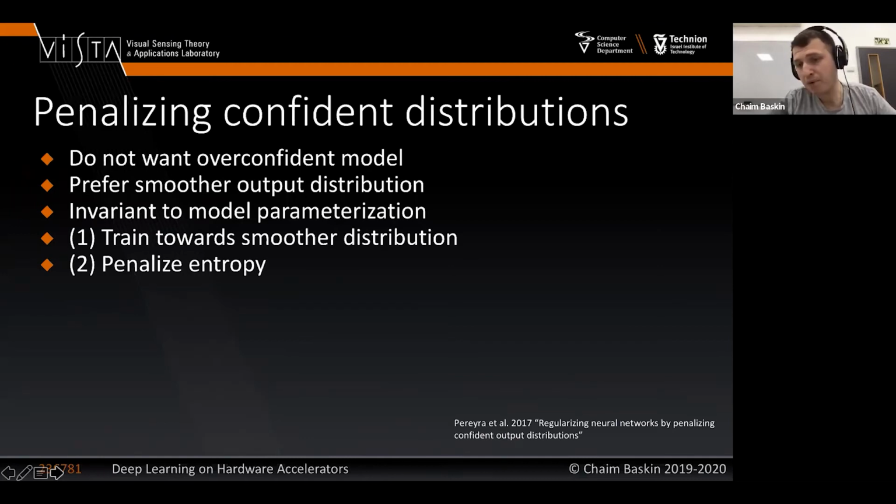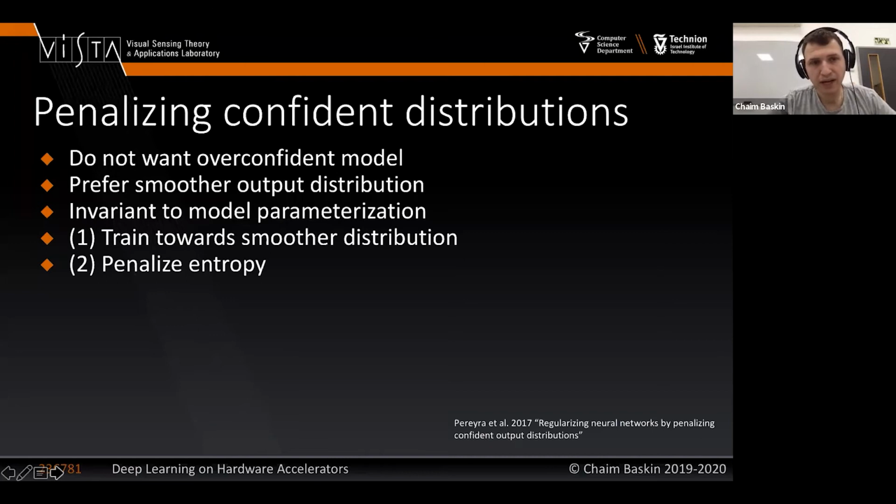Why do we prefer a smoother output distribution, guys? Ophir, now I know your name. What do you think? So we prefer a smoother distribution because it's more tractable and it's easier to compute gradients on it.